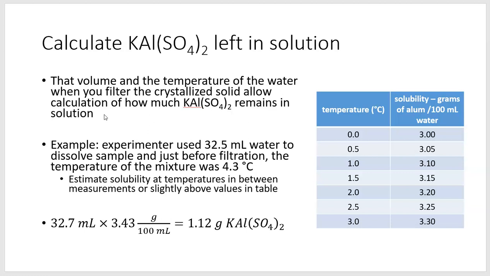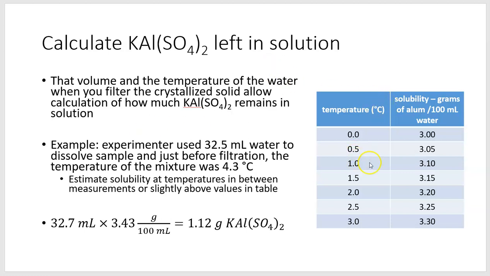And we'll measure the temperature of the water just before we do the filtering. The idea is that at that point we should have reached an equilibrium where a certain amount of alum will be dissolved in the water, and we can use the solubility at that temperature and the volume to get the amount.